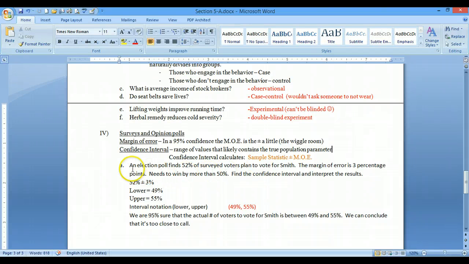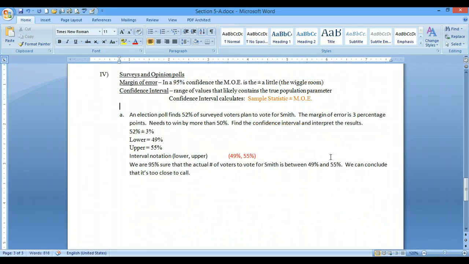So let's move to our example to make it a little bit more solidified. An election poll finds that 52% of surveyed voters plan to vote for Smith. The margin of error is 3 percentage points. Smith needs to win by more than 50%. Find the confidence interval and interpret the results.